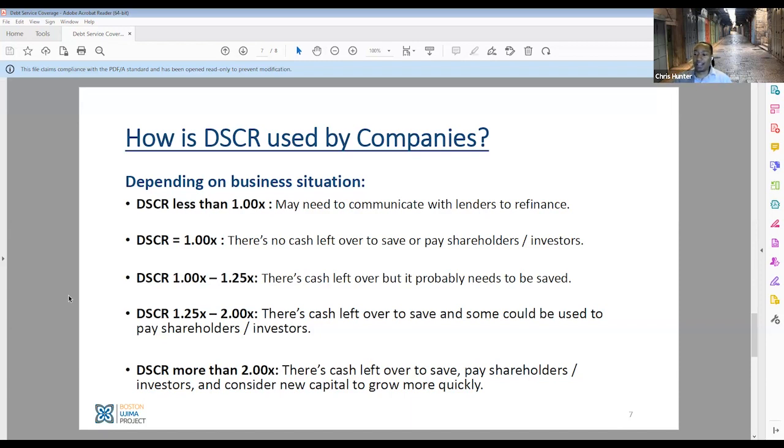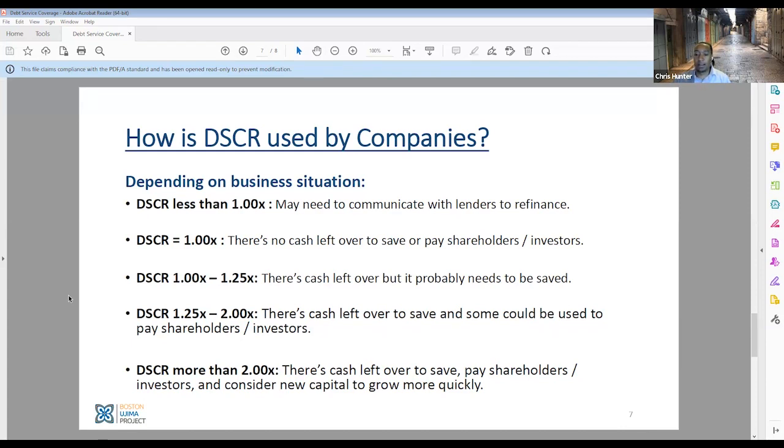And then we move into this next small range, if we're in that middle ground where we're not quite just squeaking by, but we are still kind of just squeaking by. In my mind, for a business, most of the time you're thinking about saving these dollars instead of paying them out, and instead of taking on new capital, depending on the situation.